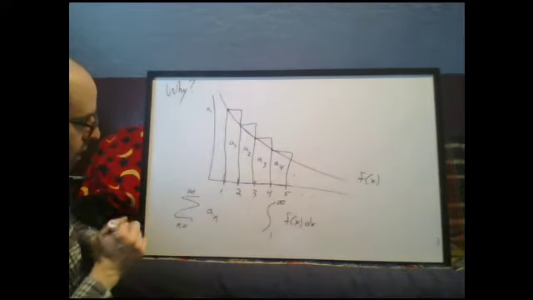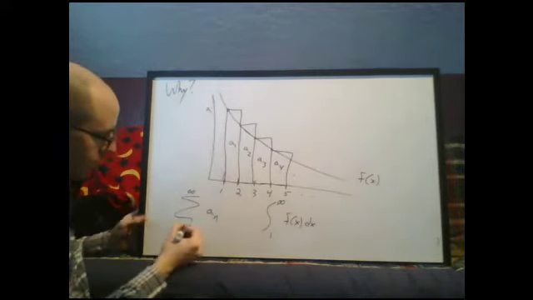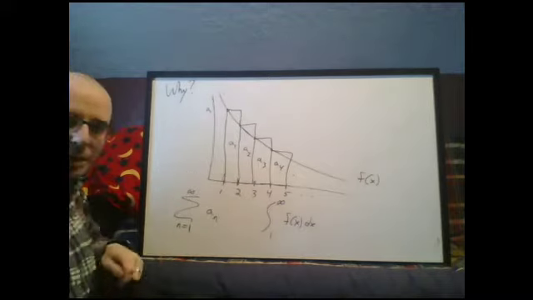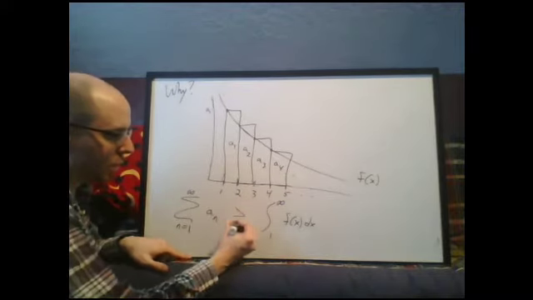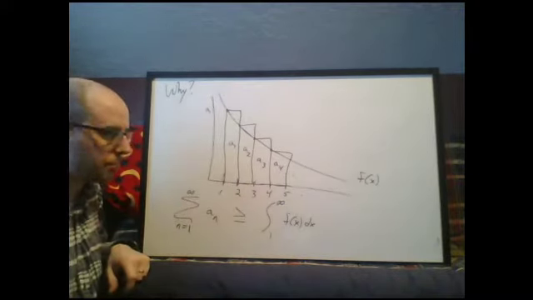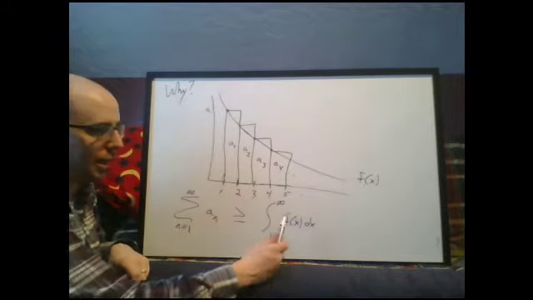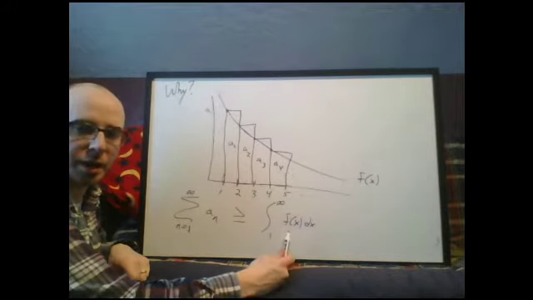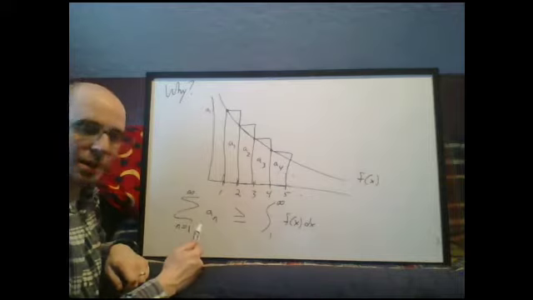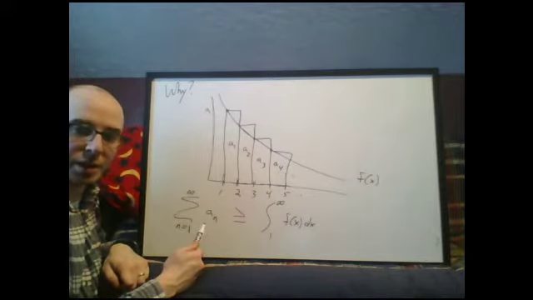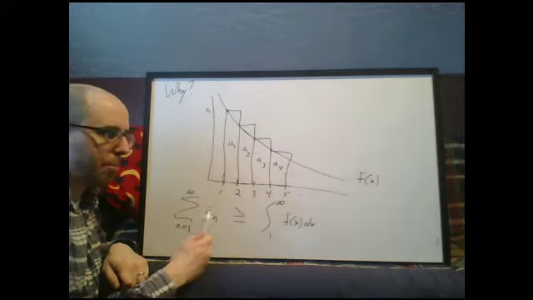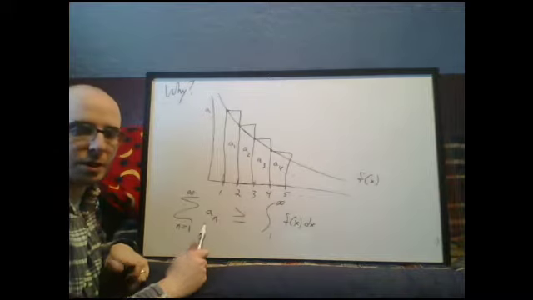That tells me that my series, summation of the ANs, is bigger than or equal to the integral of f of x. And so that tells me if the integral is divergent, and this is bigger than divergent, it also has to be divergent. It also has to be infinite. Bigger than infinite has to be infinite.